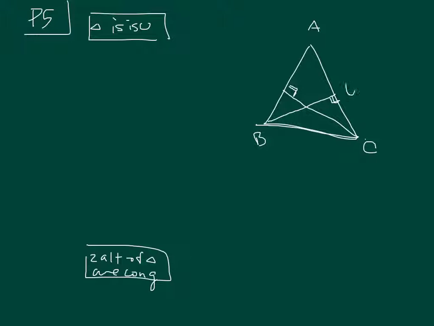Let's call it E. And let's draw a perpendicular line to AB from vertex C, and let's call it CD.